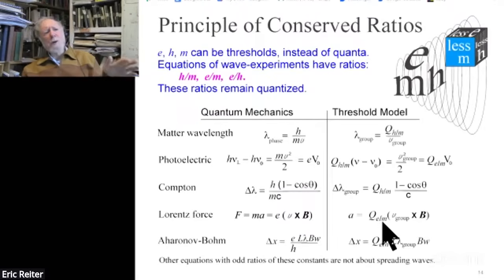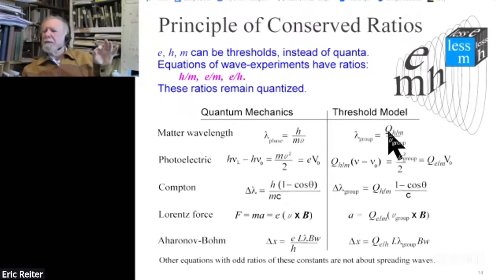All I'm doing between these two columns is to rewrite the ratio, the constants as a Q, to emphasize that the experiment just gives you the ratio.